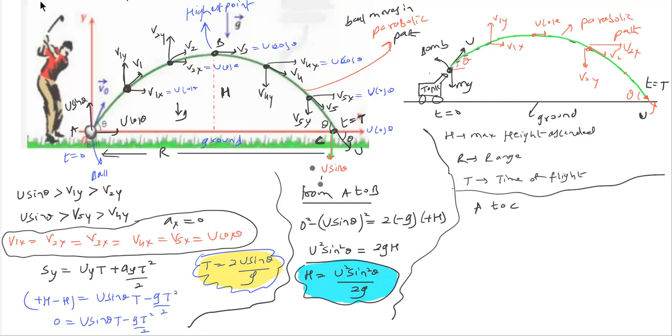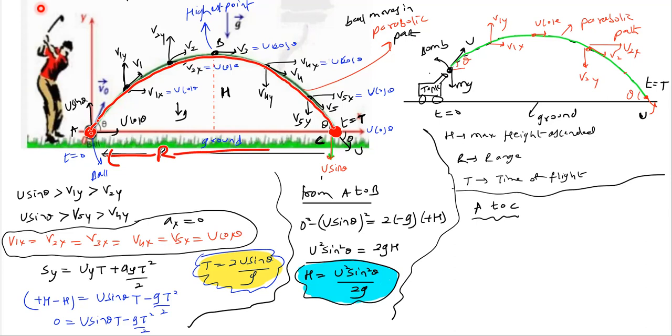Now from A to C, when the ball moves from the point of projection to the point of striking, how did it move? It moved in a curved path, a parabolic path. Then what is the horizontal distance it will cover? R. This R is what we'll call range.